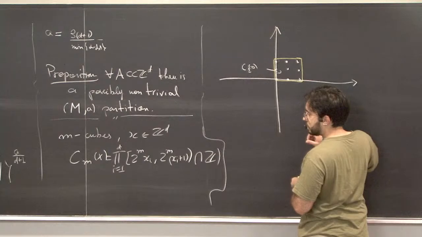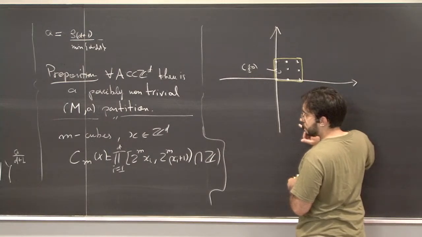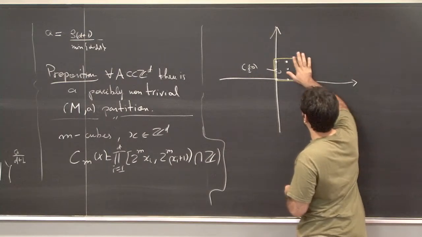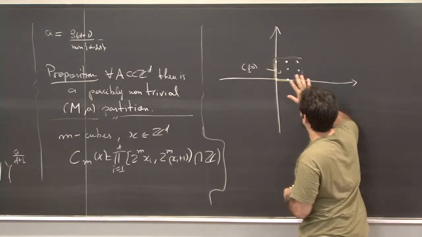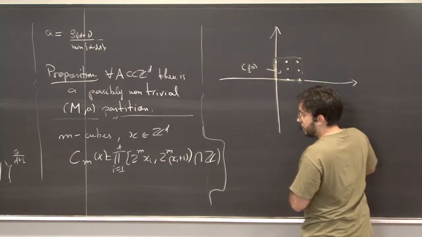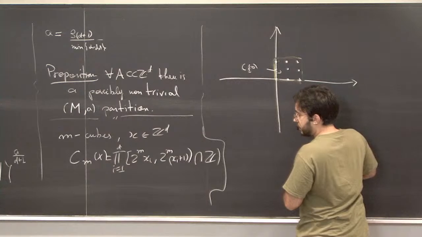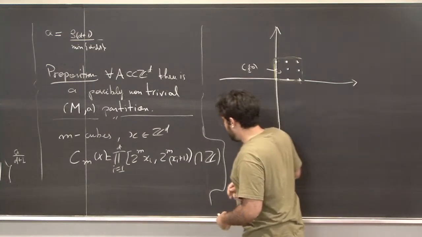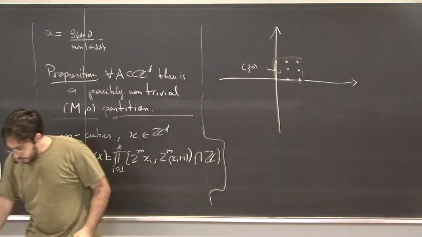Actually, wait, it's not this, it's this smaller one, so it's 2 times 0.